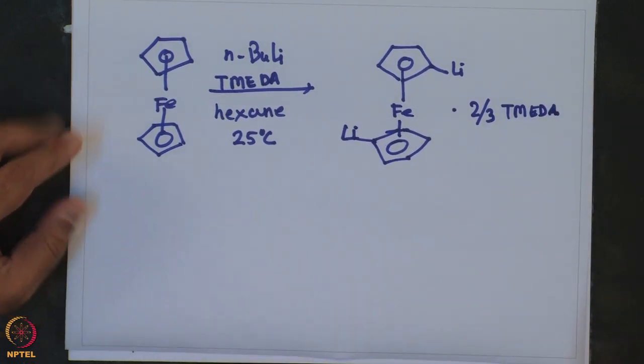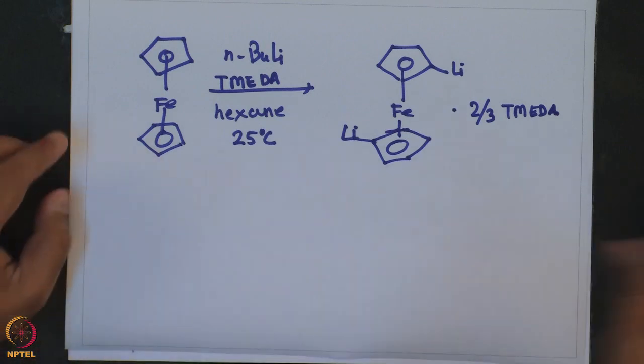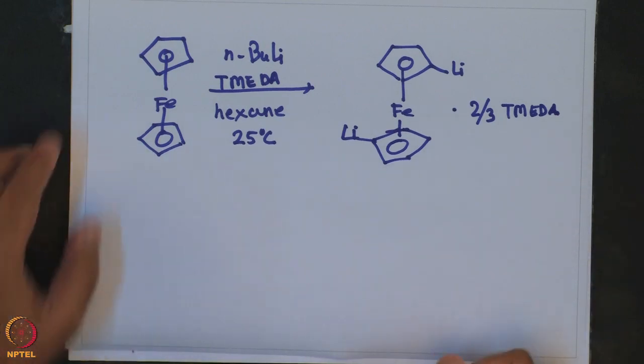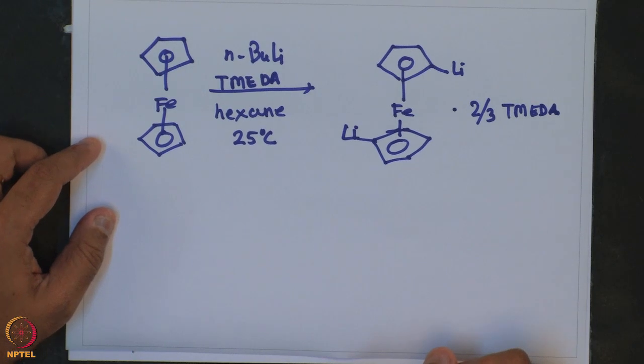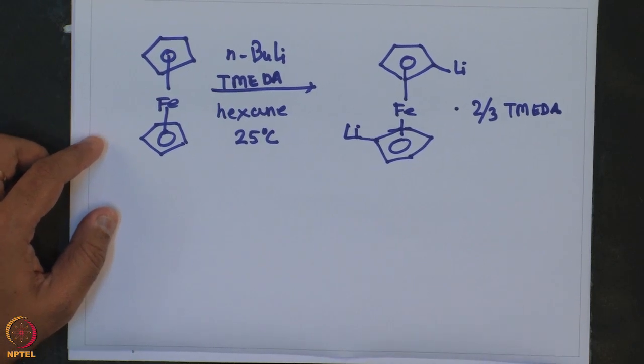Okay. Now, another important feature about ferrocene is that it stabilizes a carbocation which is adjacent to it. I will illustrate that with the example over here now.